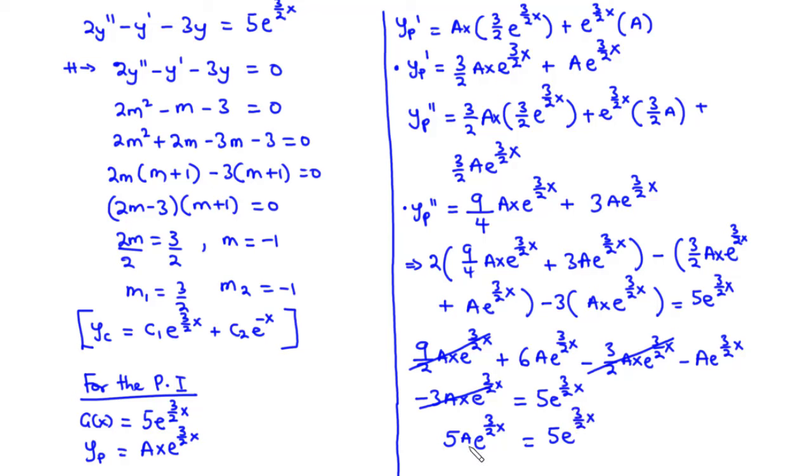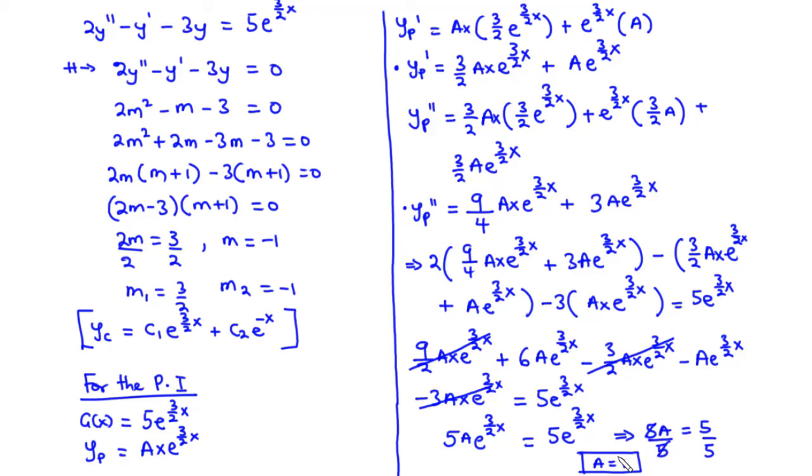Now since we have coefficients to be the same, we can simply compare both sides of the equation. So here we have 5a to be equal to 5. We divide through by 5, and then we have a to be equal to 1. So a is equal to 1.